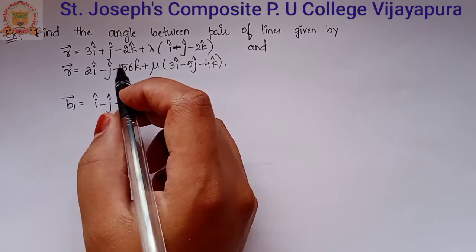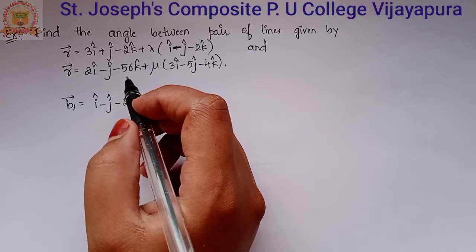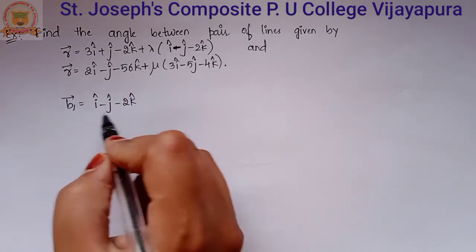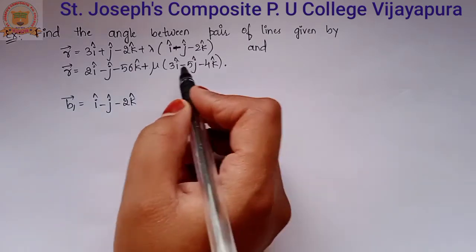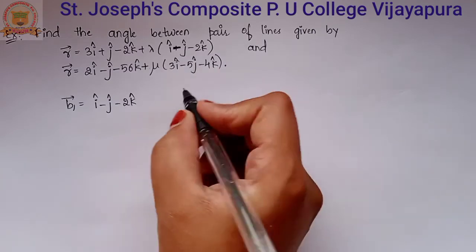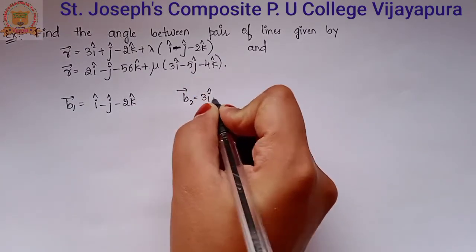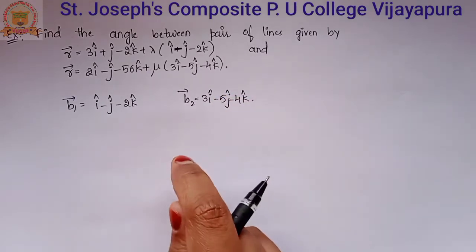Comparing, we get b1 equals i vector minus j vector minus 2k vector, and again we get b2 vector as 3i vector minus 5j vector minus 4k vector.